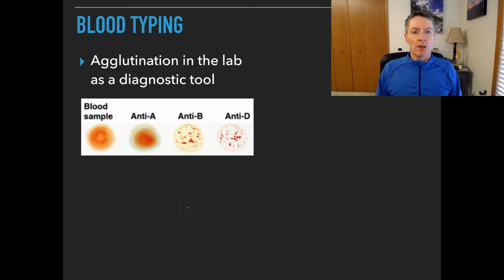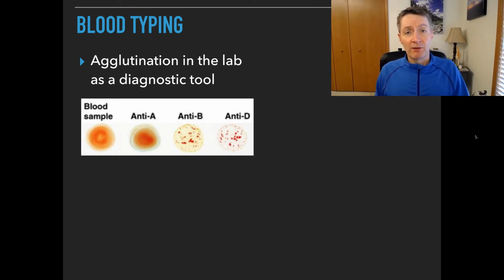All right. Now, how is it that we can use the idea of antibodies as a handy tool in the laboratory, a diagnostic tool? Okay? If we have antibodies attacking our own red blood cells in our own bloodstream, this is bad news. We don't want any of that to happen. Any place where an antibody is bound to something in our body is flagged for destruction, right?